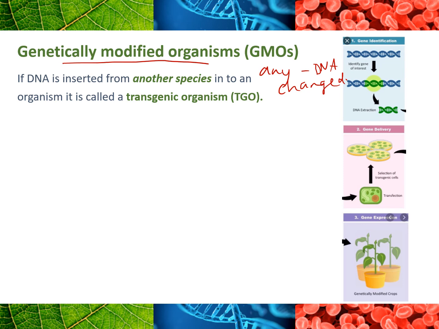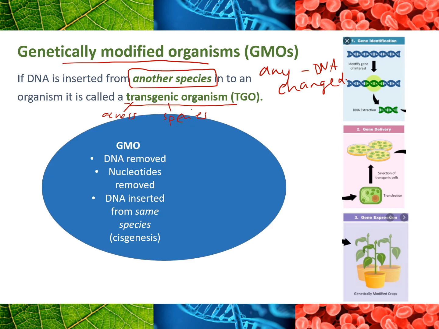Organisms can be altered or modified using the DNA from another species. So if that is the case, we call it a transgenic organism. So trans, kind of meaning across or different, and it's the genes from a different species.